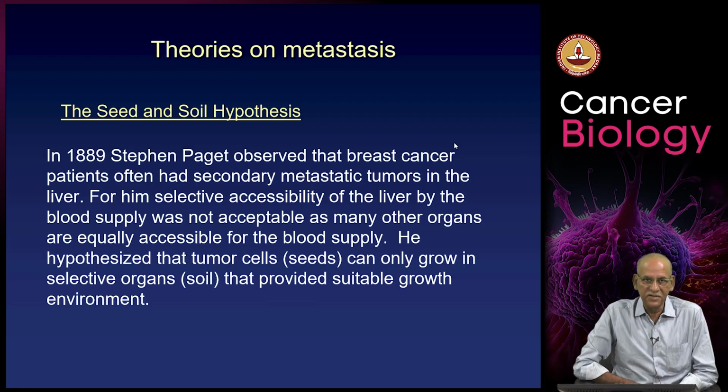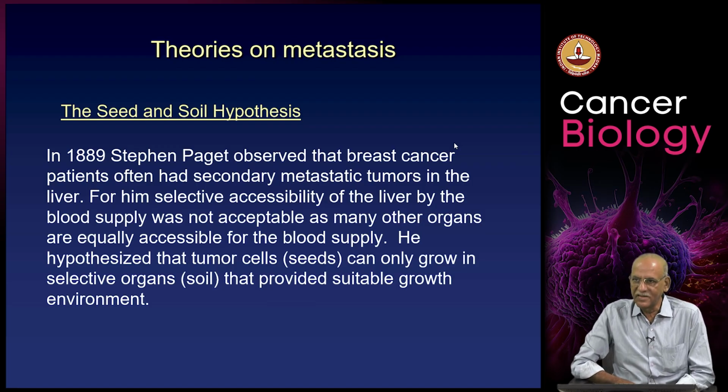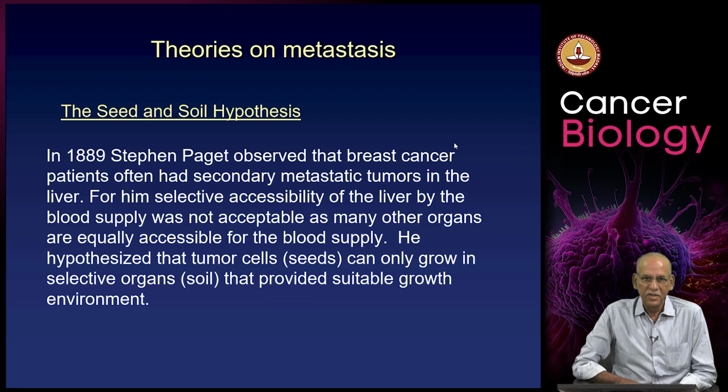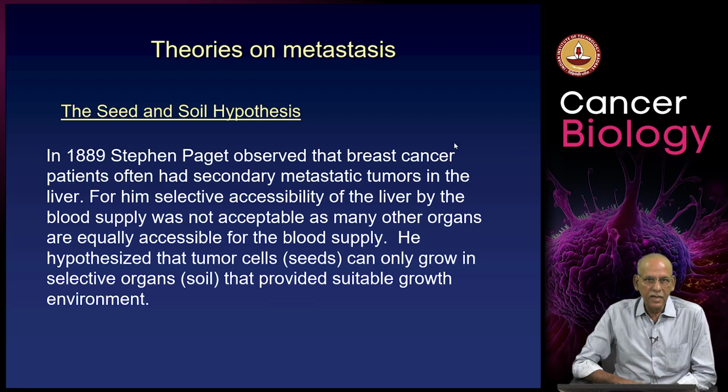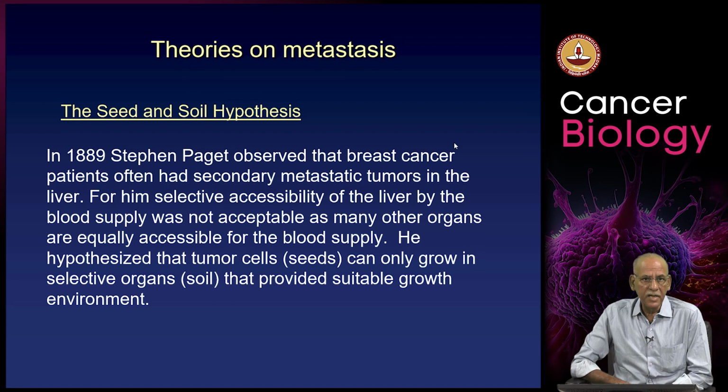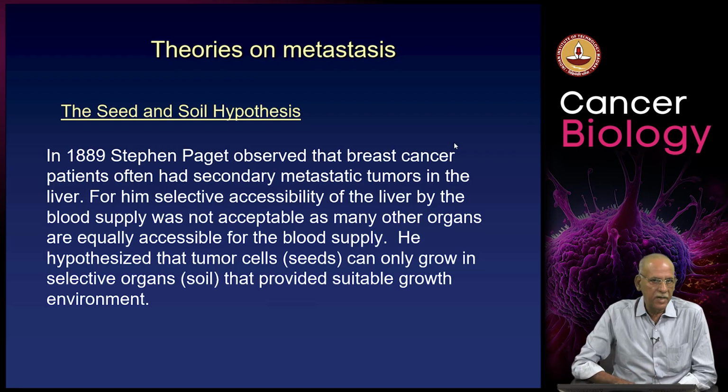Anatomic model he was not accepting. It is not that you are a neighbor and so these cells have spread to the neighboring tissue, but selective accessibility is what is important. That was not acceptable to him, and as many organs are equally accessible, it is not only the liver, but many other organs may be nearby, so why is it going to a selected tissue?